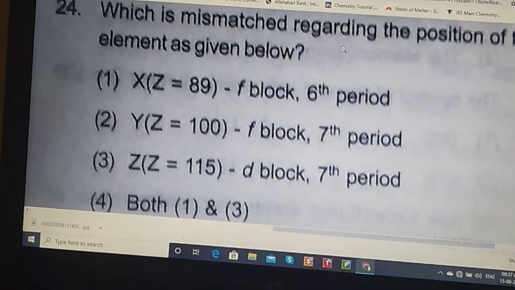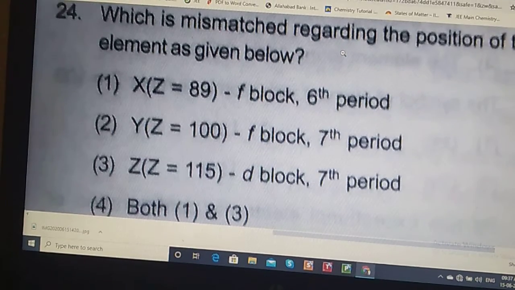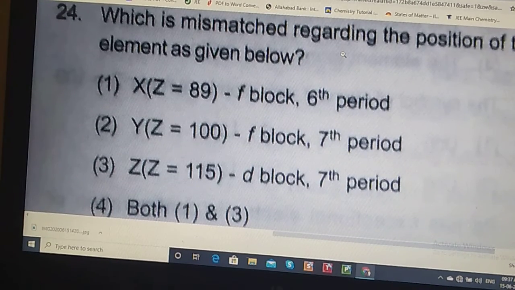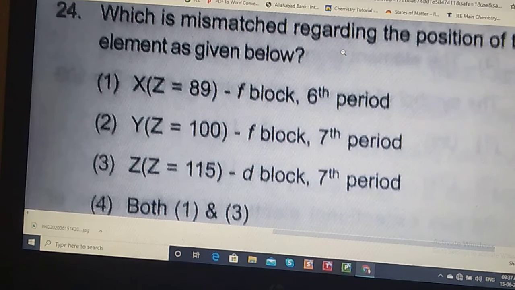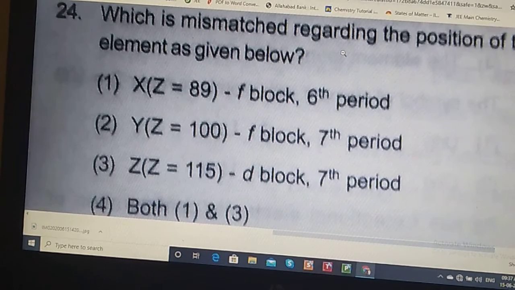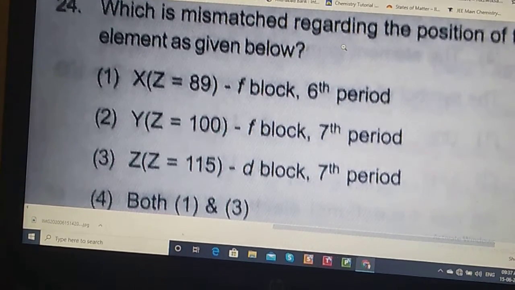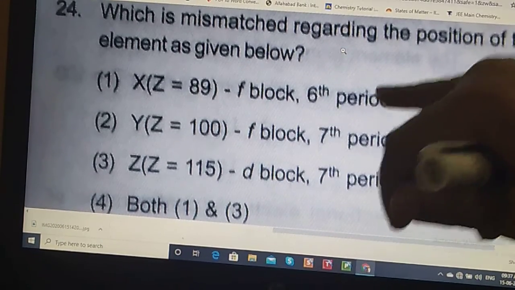They are saying Z is F block for 89, and they say 6th period, but F block starts from 90. The 6th period is wrong, student. This will be the 7th period, starting from 89, or you can say 90 to 103. So here the 6th period is given, it is wrong.